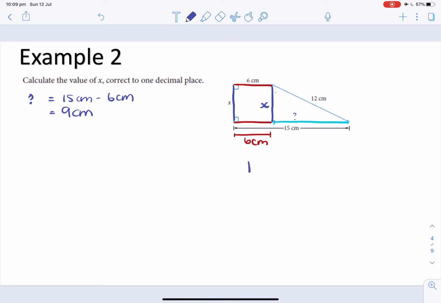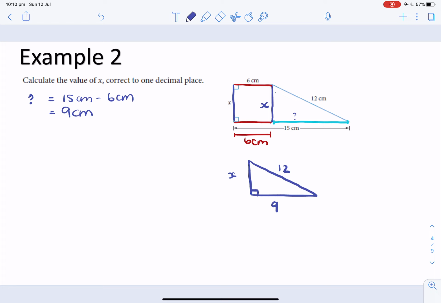So my triangle, I'm going to draw him separately, is x, 12, and now I have a value of 9. Put my little right angle in the corner, and I need to solve for x. Pretty straightforward.